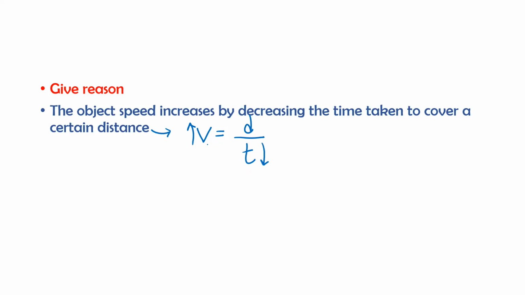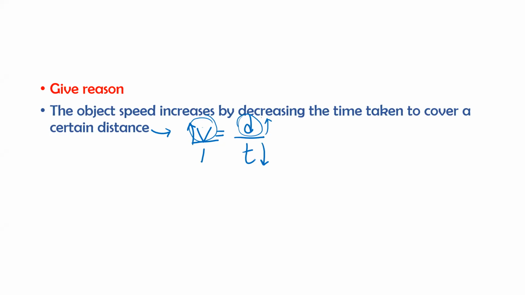Here they are asking why the speed increases when the time decreases. Inversely proportional? Yes, very good. We add a one under the distance, because anything with nothing under it has one beneath it. So we have the relation: when the distance increases, the velocity, or speed, increases.